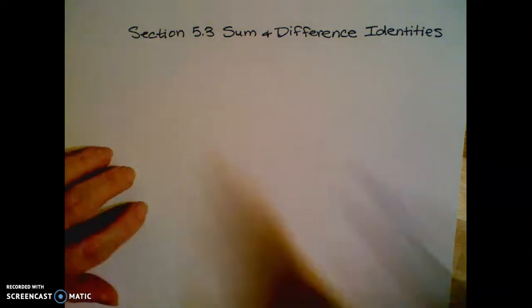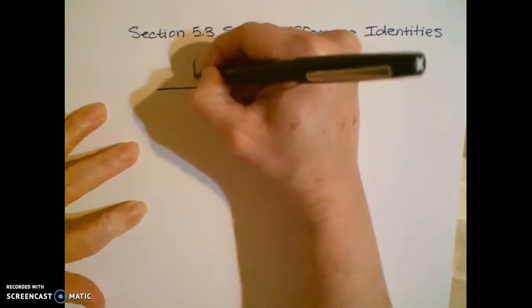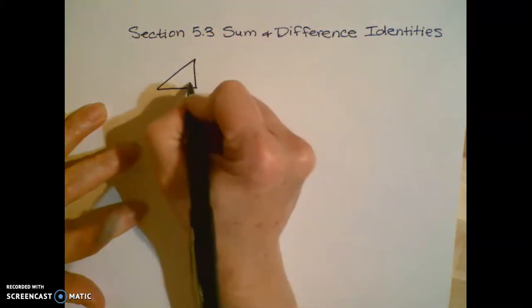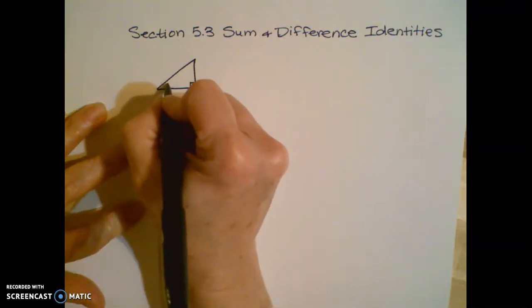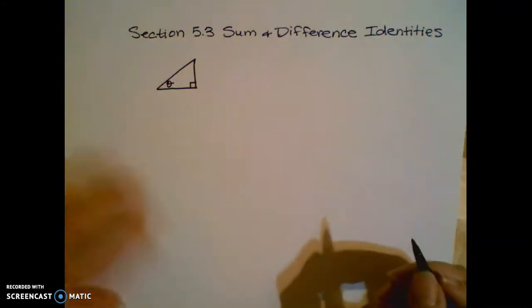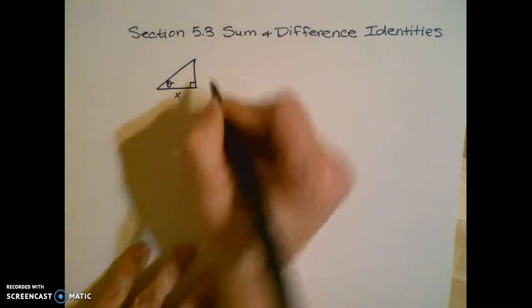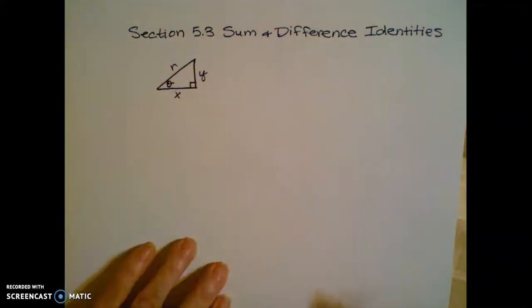Let's start with any little right triangle. And in our right triangle, we're going to call this angle, let's call it theta for the moment. The side adjacent to theta we're going to refer to as x, side opposite we said is y, and the hypotenuse we called r.